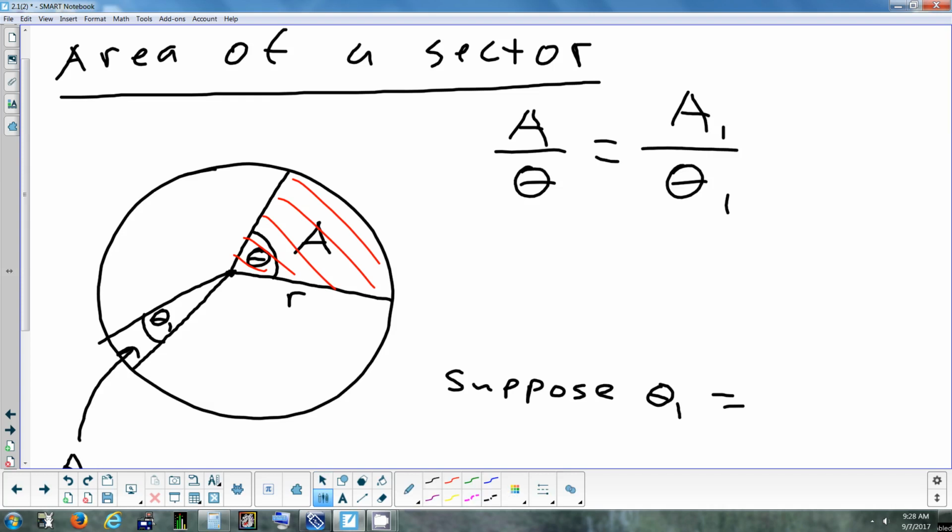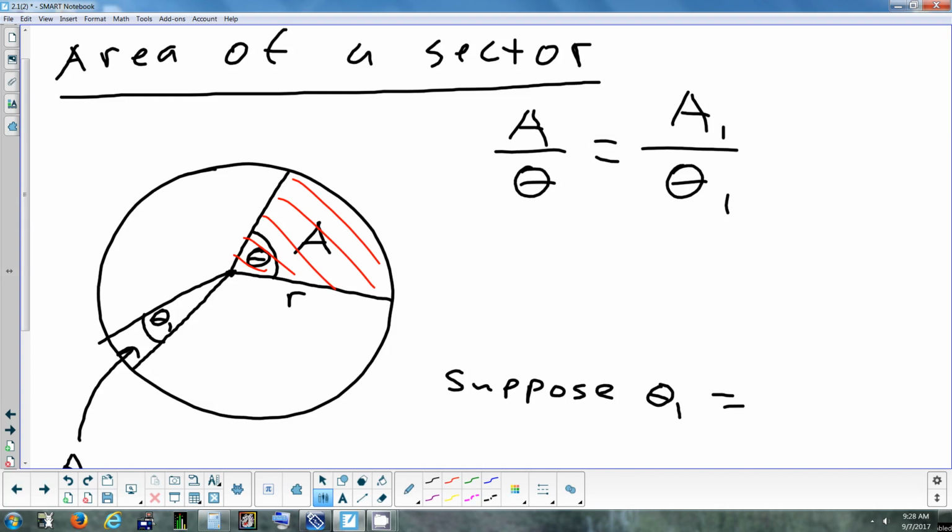So the trick we used last time of letting theta 1 equal 1 radian, it's not going to work. We have to let theta 1 equal something. We can pick anything we want, but we have to pick something easy to work with that we can figure out.